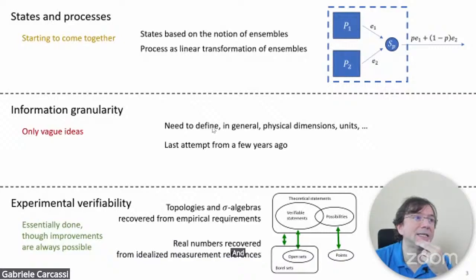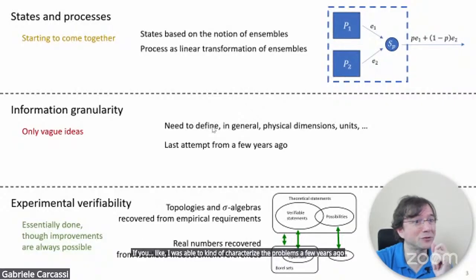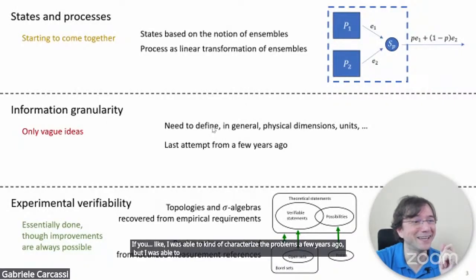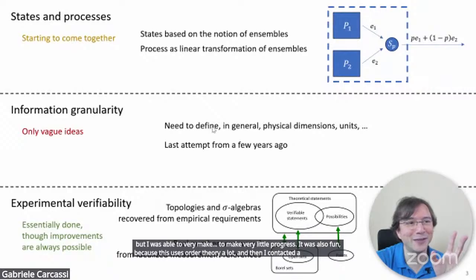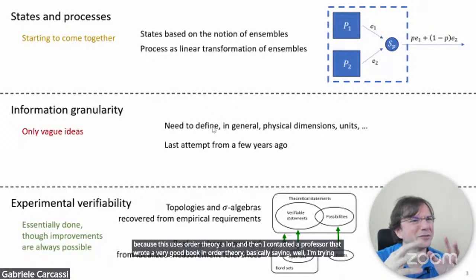And this is basically just vague ideas. I had a starting idea. I was able to kind of characterize the problems a few years ago, but I was able to make very little progress. It was also fun because this uses order theory a lot. And then I contacted a professor that wrote a very good book in order theory, basically saying, well, I'm trying to do some of these things.